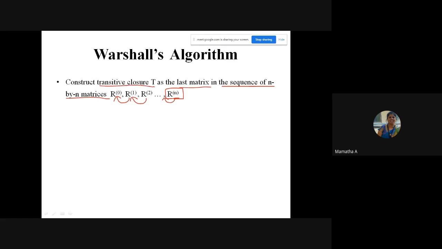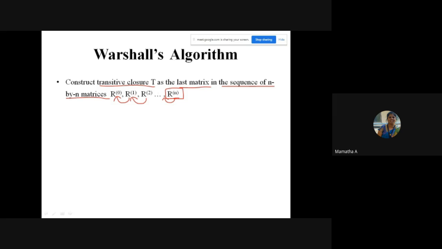So you divide the problem into R0, R1, R2 to Rn, which are dependent: to obtain R1, I use the solution of R0, like that.